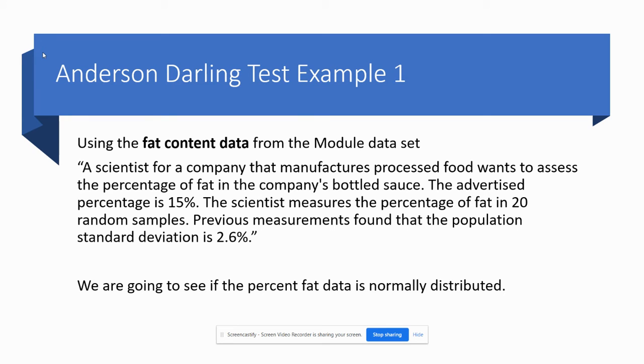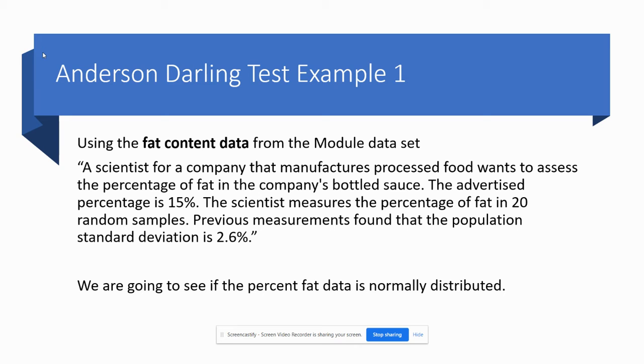We're going to use the fat content data. We saw that in module 1, but I'm bringing it back for this one. A scientist for a company that manufactures processed foods wants to assess the percentage of fat in the company's bottled sauces. The advertised percentage is 15. The scientist measures the percentage of fat in 20 random samples.